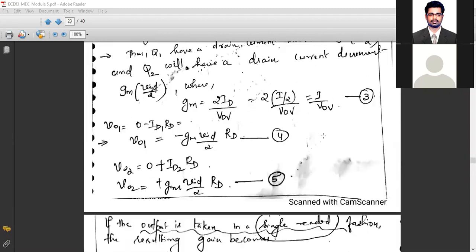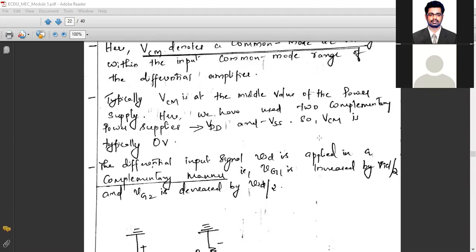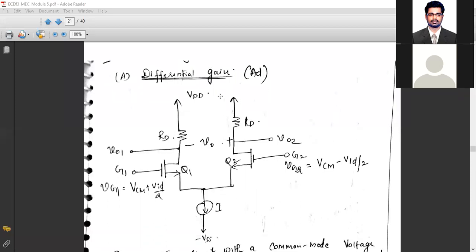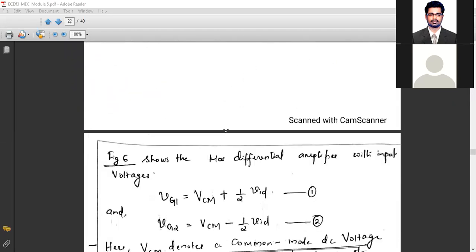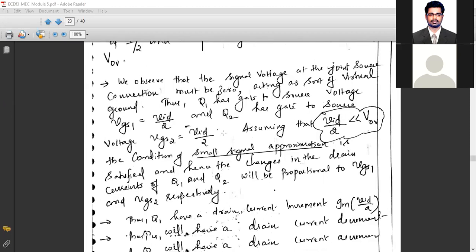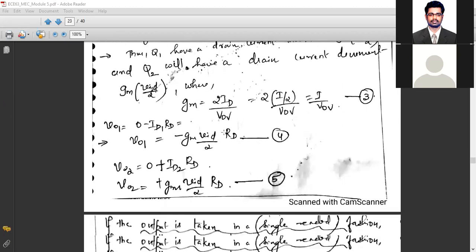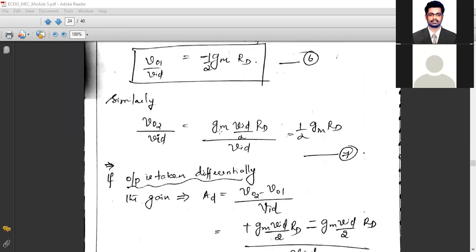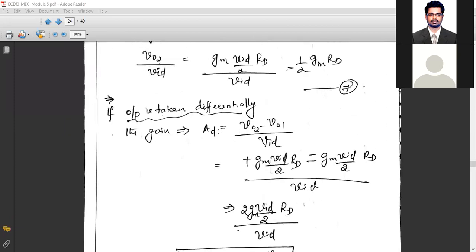So let us conclude today what all we have covered. One is the differential amplifier and its gain, that is, differential gain in two methods. One is the single-ended method and another one is the double-ended method. The inference is that in the double-ended configuration, the gain is twice that of the single-ended. Single-ended, I'm getting half gm RD, whereas double-ended, I'm getting gm into RD.